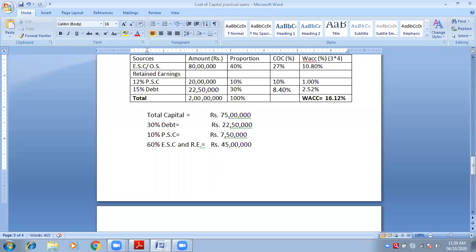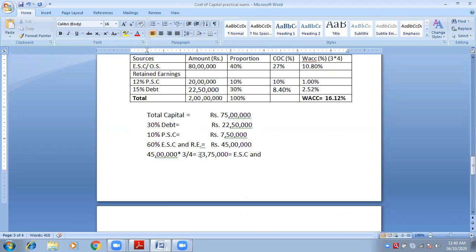So 45 lakhs into 3/4 will be my equity. Tell me what is the amount now. 33,75,000. This will be my equity share capital.